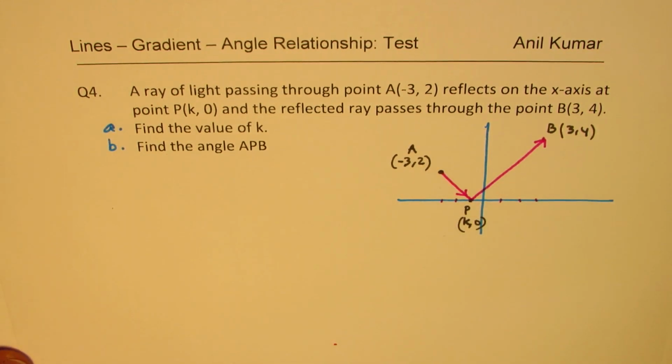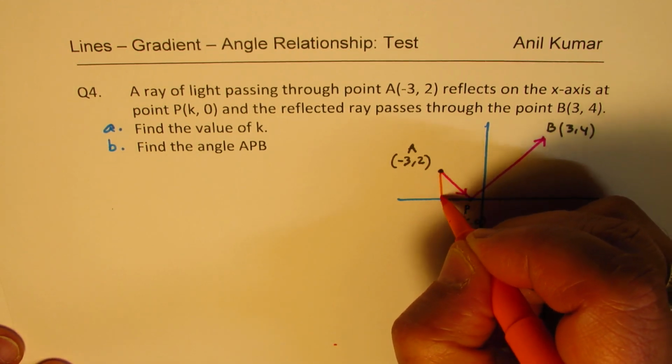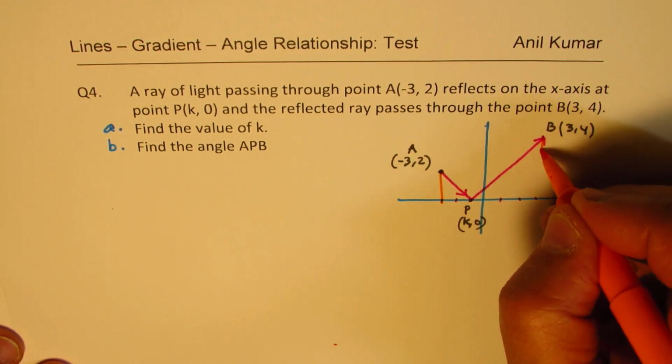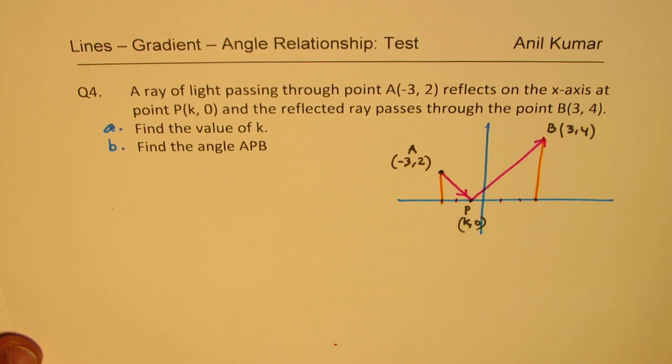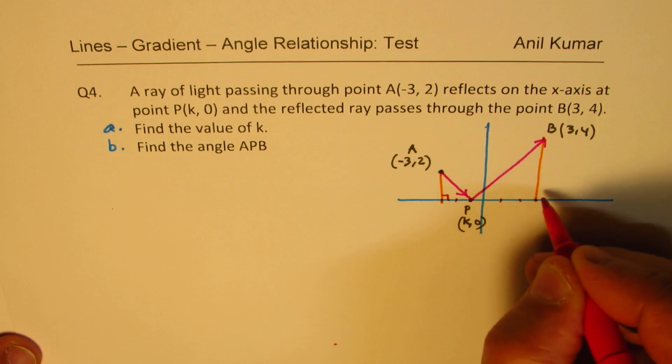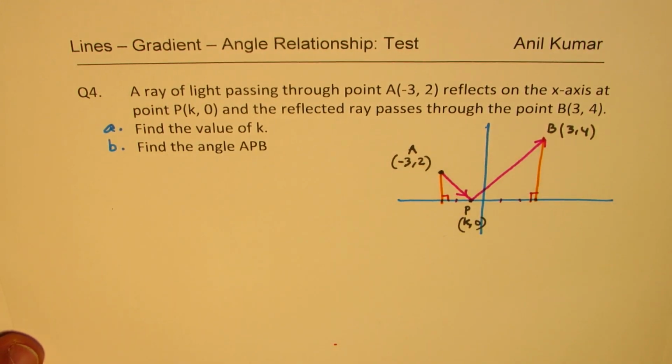Now there are many ways to do this. Probably the simplest will be to use similar triangles. If I drop a perpendicular from here and a perpendicular from there, we know these are 90 degrees, correct? In case of reflection, it is important to note that the angle of incidence is the same as the angle of reflection.